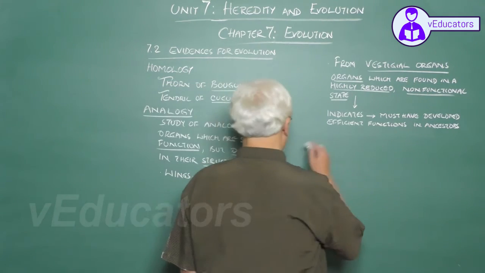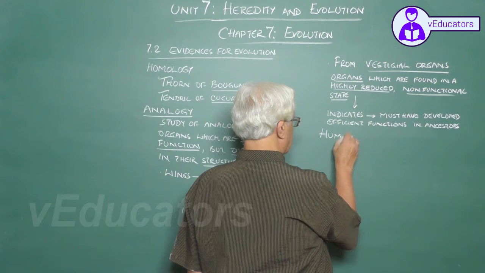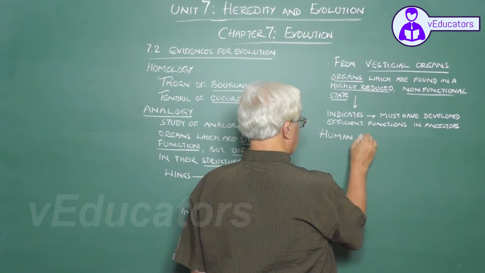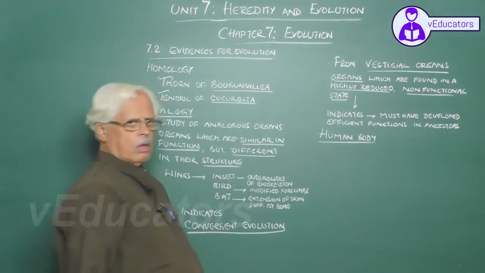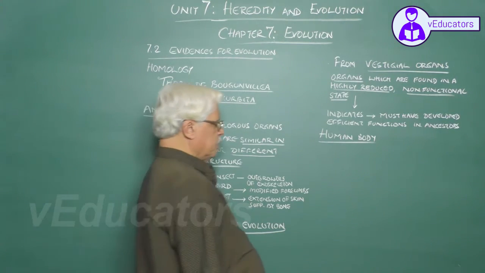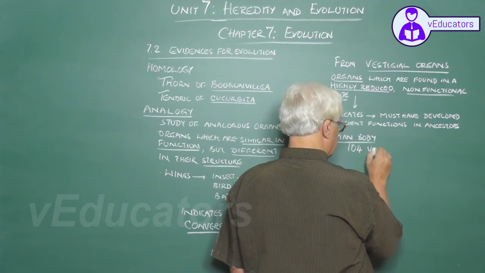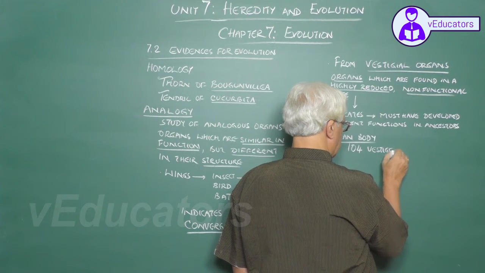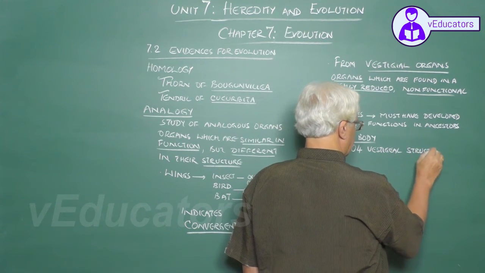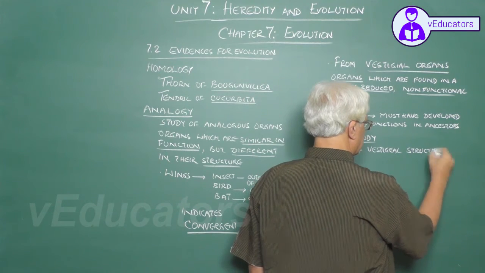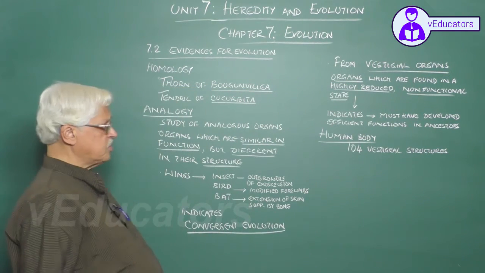For example, if you take the human body, according to an estimate, the human body has about 104 vestigial structures.